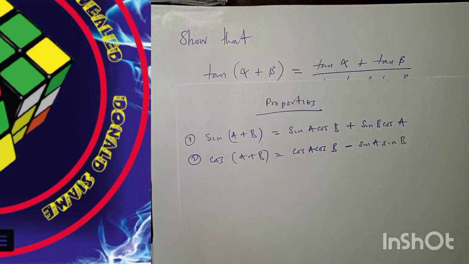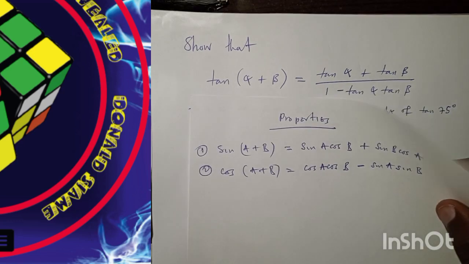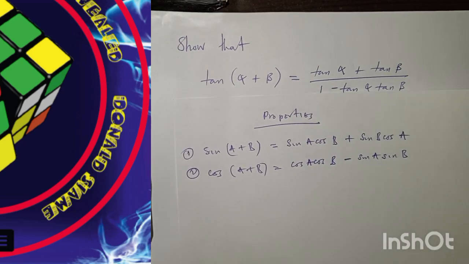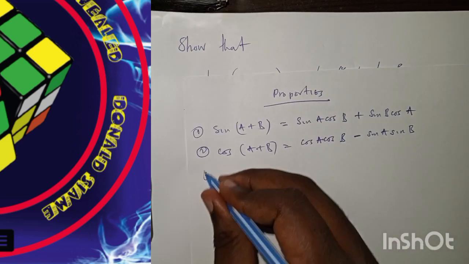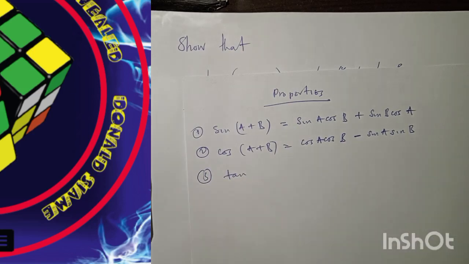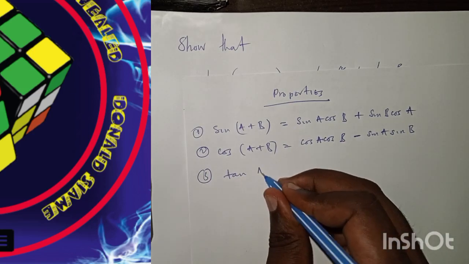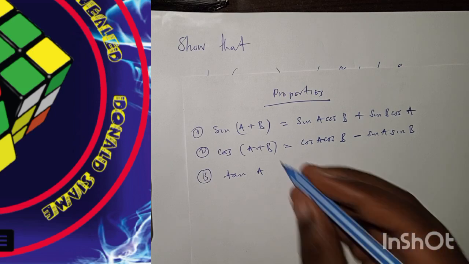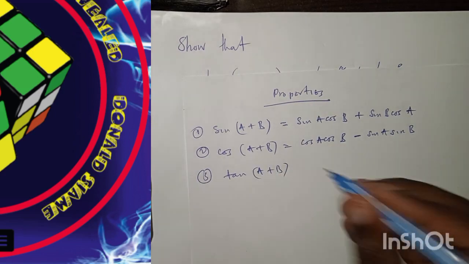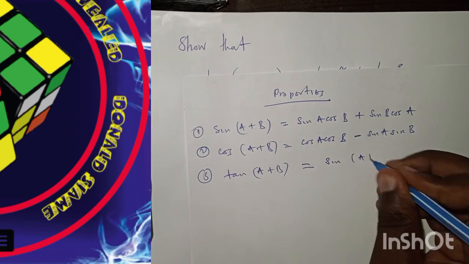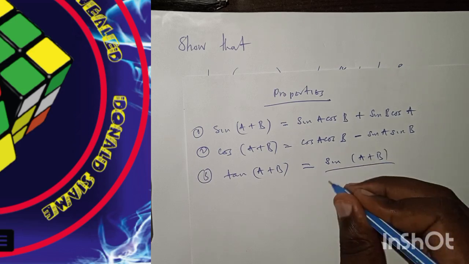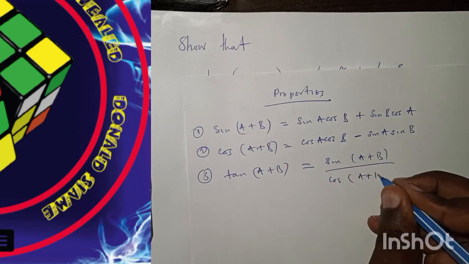What's the other one which is going to be applicable here? The other one you need to remember is that tan of a plus b is equal to sine of a plus b over cos of a plus b.